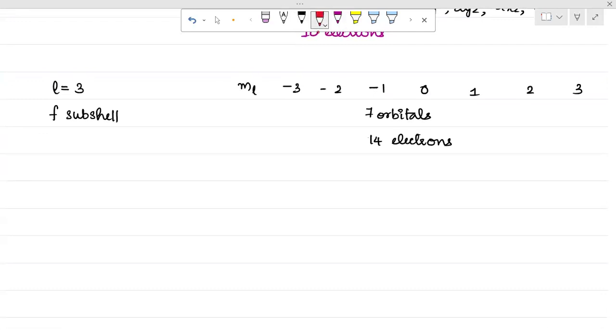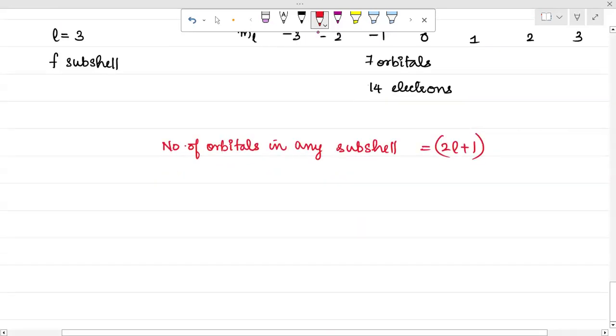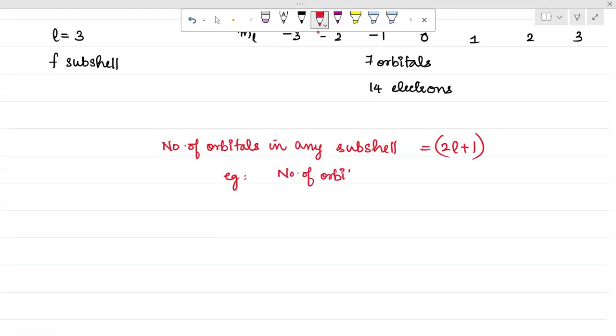Now for any value of L, you can put it in an equation as well. For any value of L, the number of orbitals in any subshell is equal to 2L plus 1. Example, let's say I want to find the number of orbitals in F subshell.